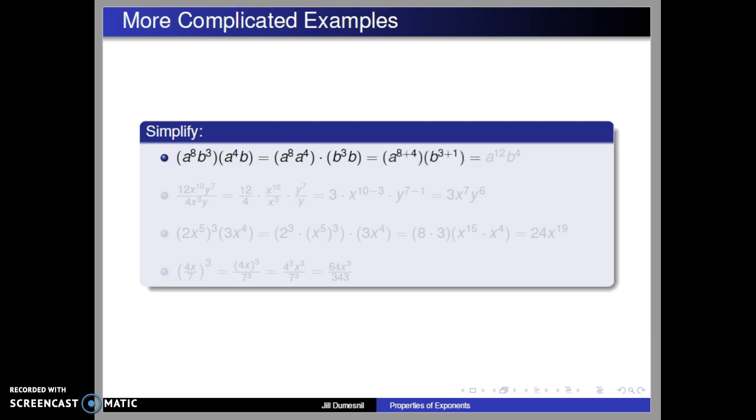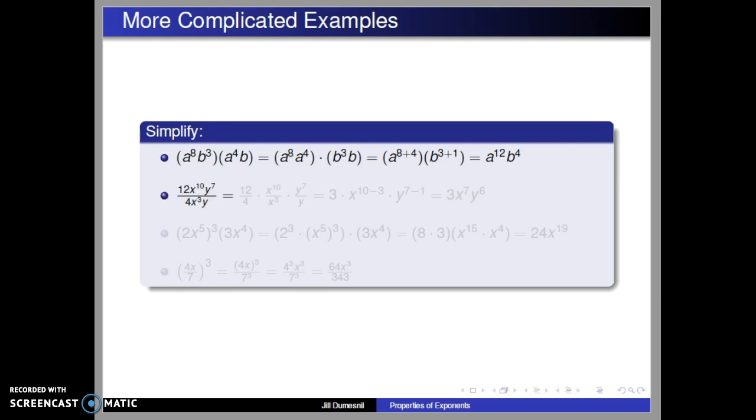Then, to multiply like bases, we add the exponents. Notice that the factor of b is really a factor of b to the 1st power. We get a to the 12th times b to the 4th as a final simplified answer.